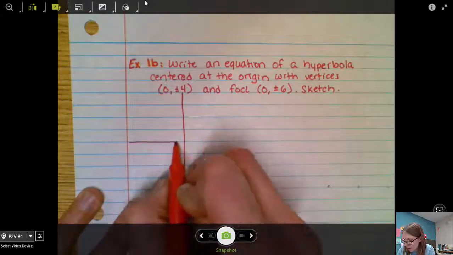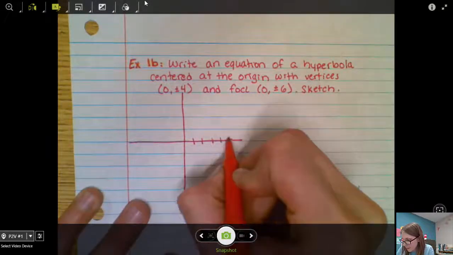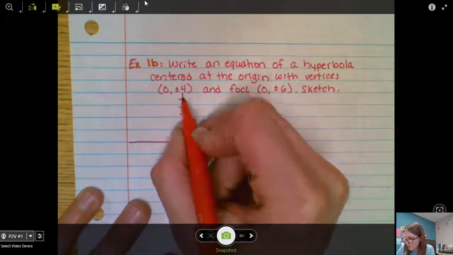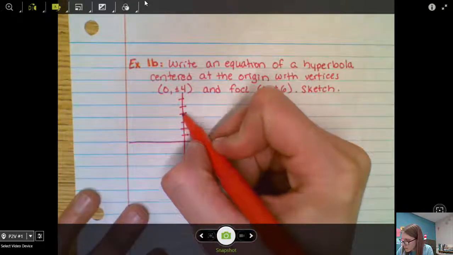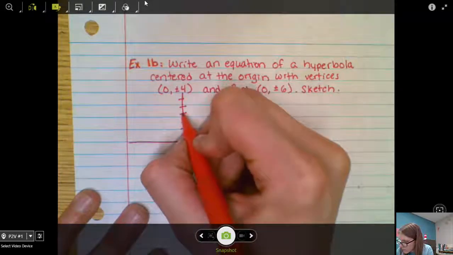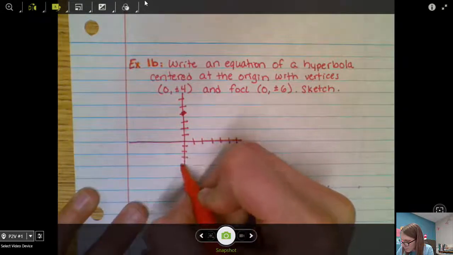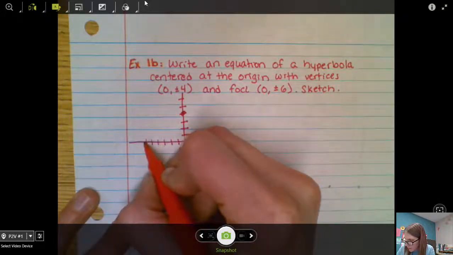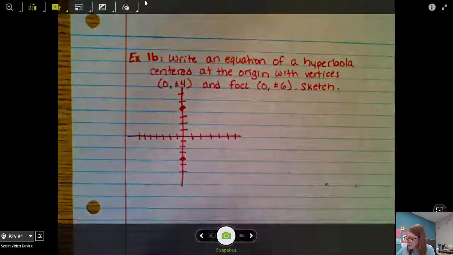So I know that my vertices are at 0 plus or minus 4, and that my foci are at 0 plus or minus 6.